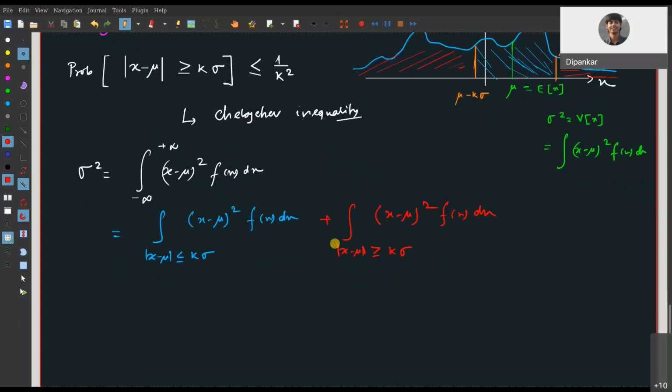Now remember, both these things are non-negative, because (x minus mu) square is non-negative, and f(x) is non-negative at every point, because it's a probability density.